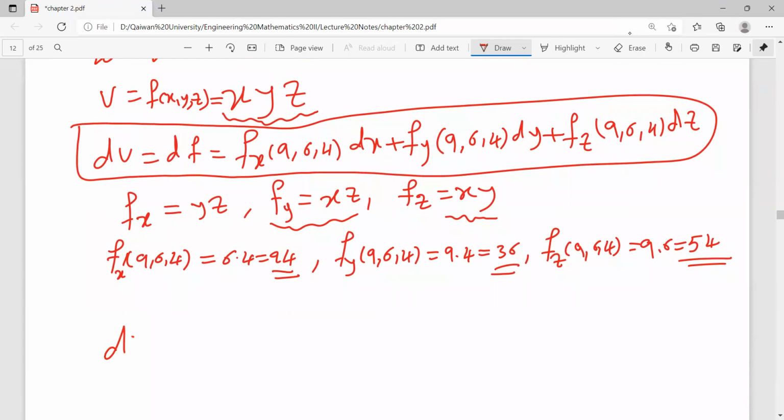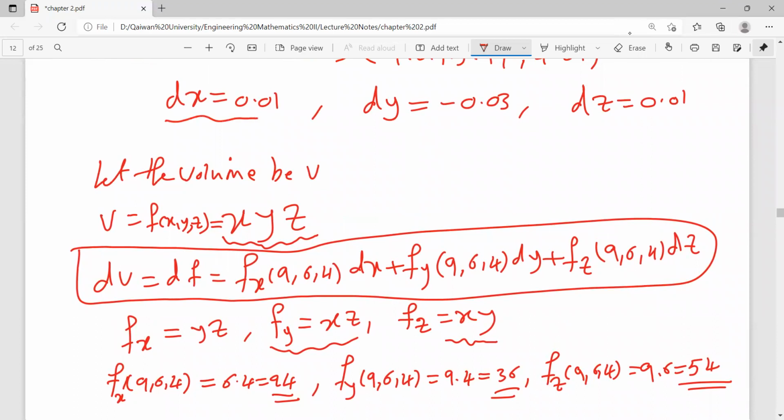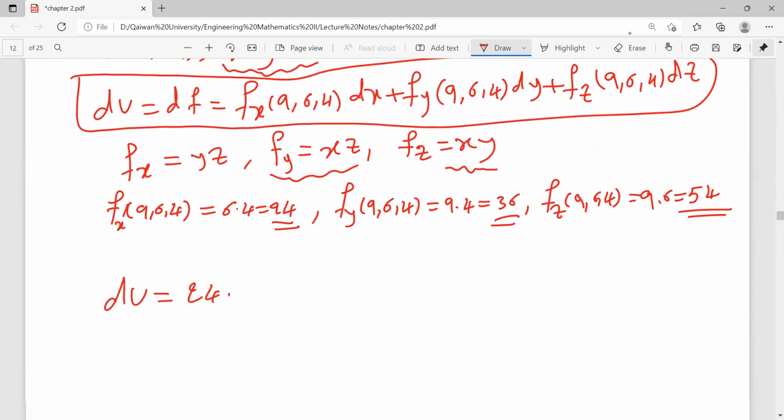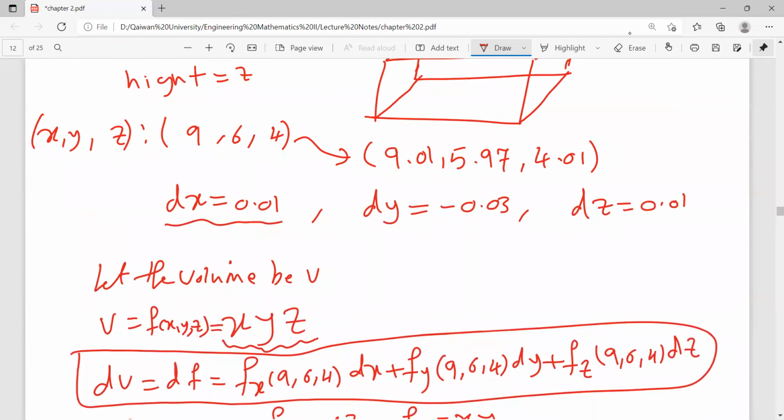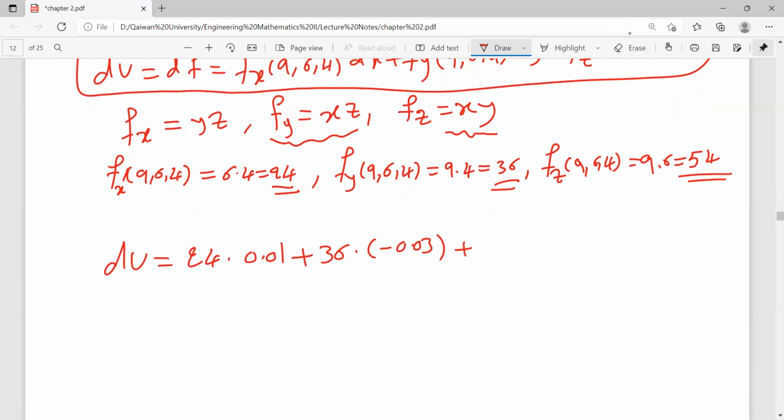We get dV equals f sub x, which is 24, times dx, which is 0.01, as we found before, plus f sub y, which is 36, times dy, which is minus 0.03, plus f sub z, which is 54, times dz, which is 0.01.